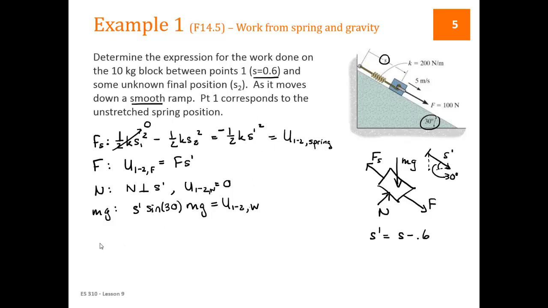All right, so our total work from 1 to 2 is going to equal negative 1/2 K. Let's plug in some numbers. K is, what, 200? Times S prime squared. We'll just leave S prime in our equation for now.